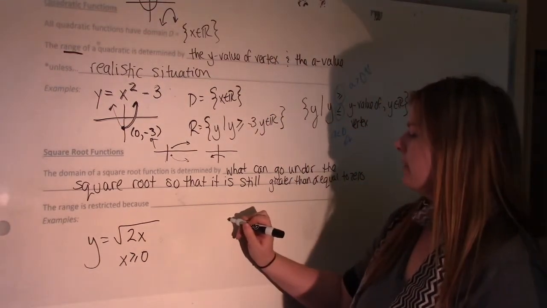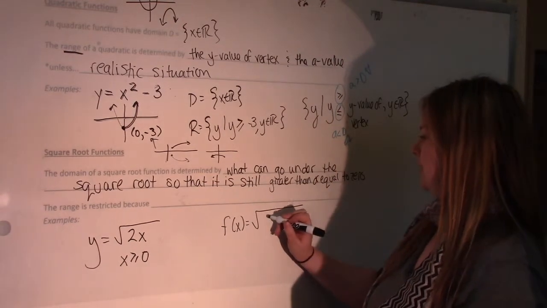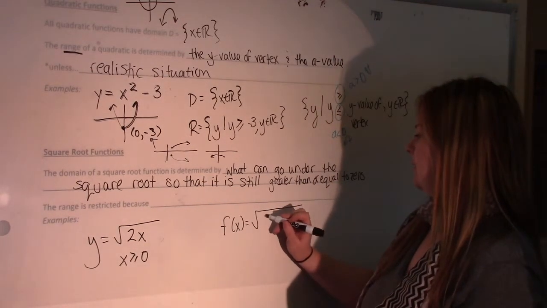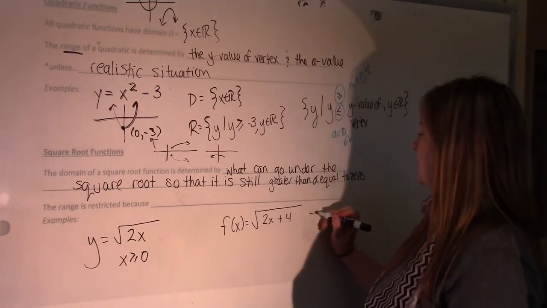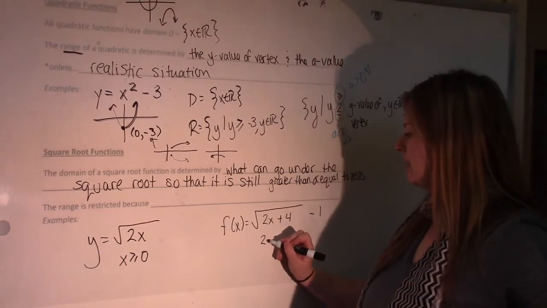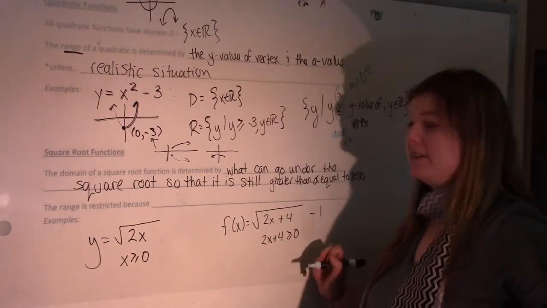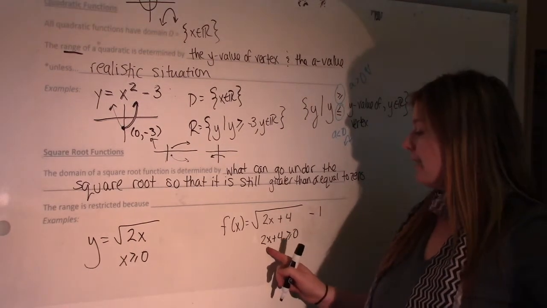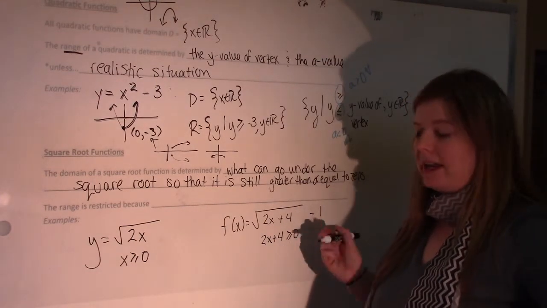What if you have this function, the square root of, let's say, 2x plus 4, and then outside of the square root minus 1. So 2x plus 4, whatever is under the square root, has to be greater than or equal to 0. So now we just want to isolate x to see what it has to be so that this whole thing is non-negative.